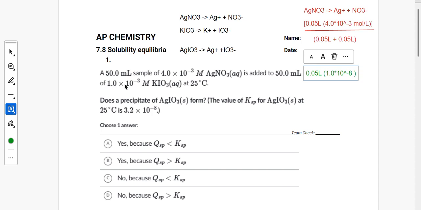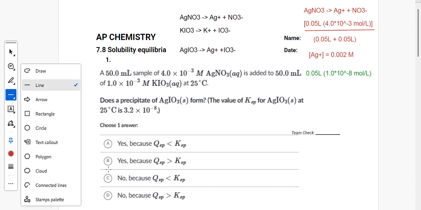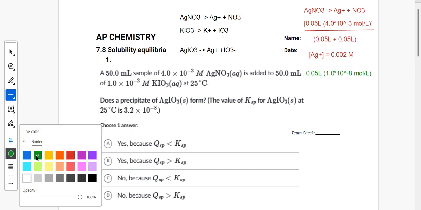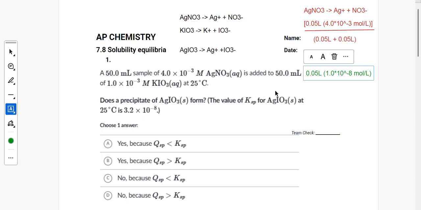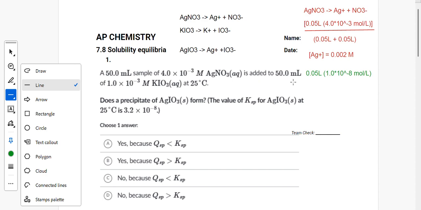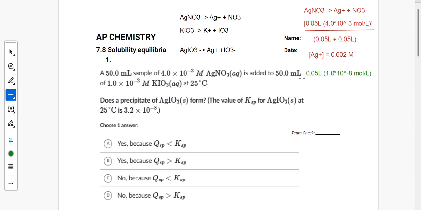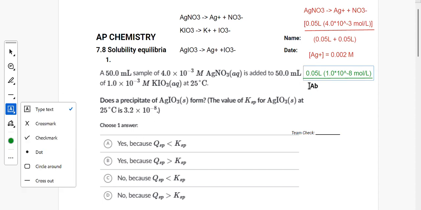And this is moles per liter because it is molarity. Now all that together, let's put a little green line under it right here.